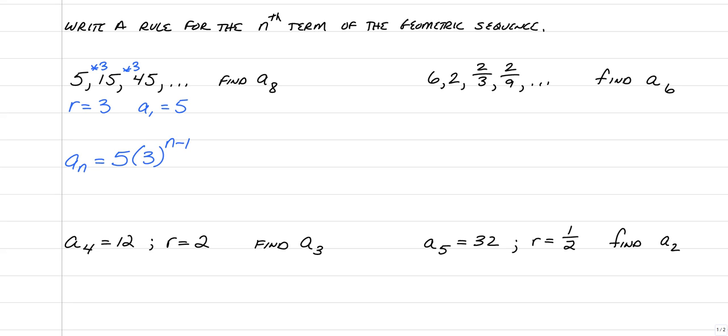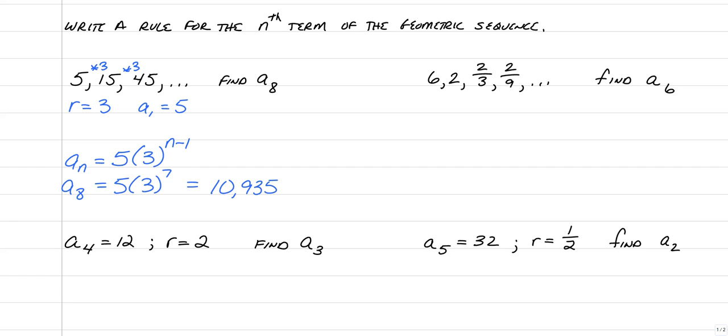So to find a sub 8, we just have to say a sub 8 is equal to 5 times 3 raised to the 7th power, because 8 minus 1 is 7. Type that in your calculator and you will find out that it's 10,935.